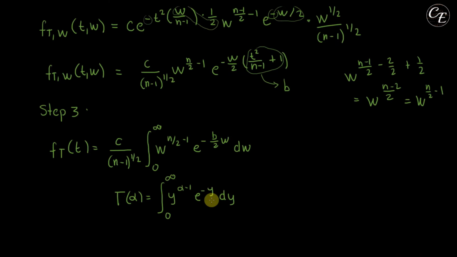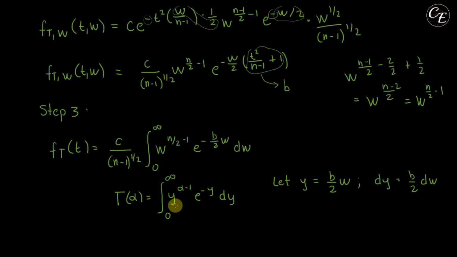So for this term, let us make this y equal to b over 2w. So we have here, let y be equal to b over 2 times w. And then from here, dy will be the derivative of this term, so we have here b over 2 dw.